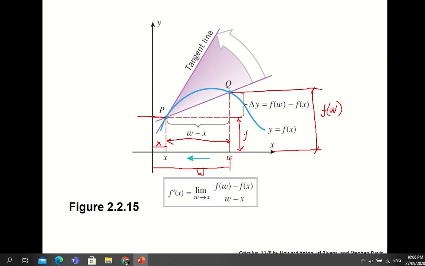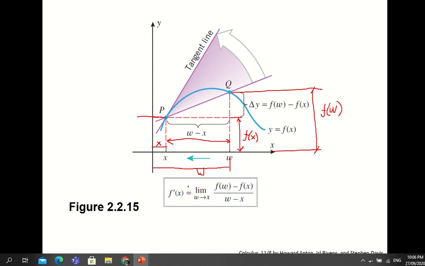So you take the difference. That's why we have here delta y, the difference of this height and this height, that is f of w minus f of x.